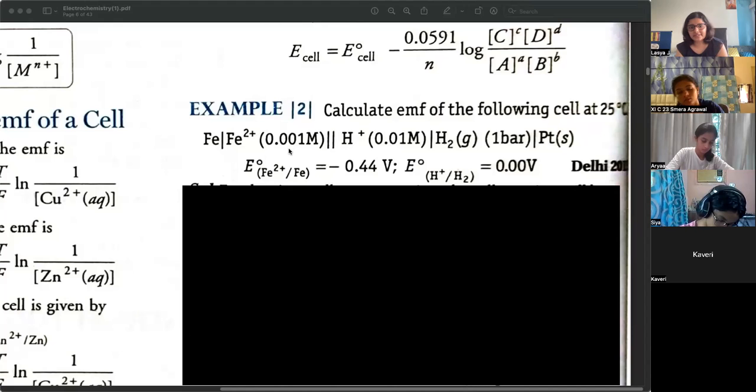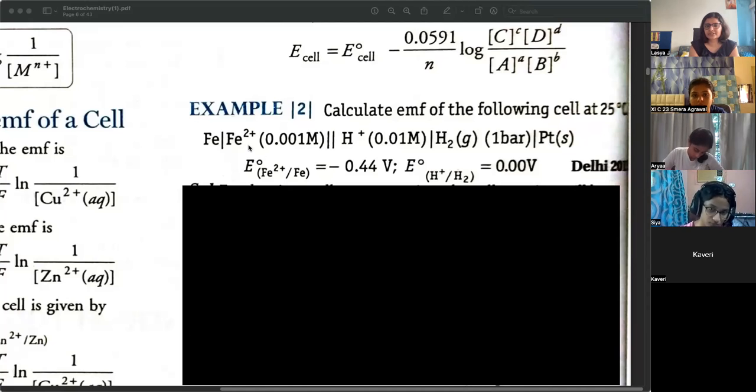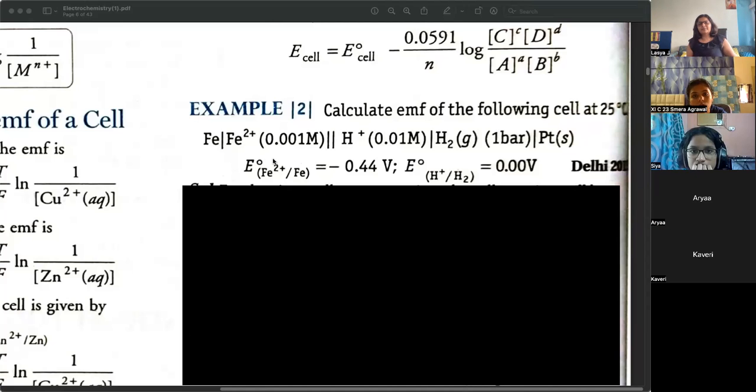Be careful of the signs here. Here the ion is getting reduced, but the other ion is getting oxidized, but here you're given the reduction potential. Actually, you don't have to worry about it because we're taking the form of reduction potential only. It'll be like minus of minus.